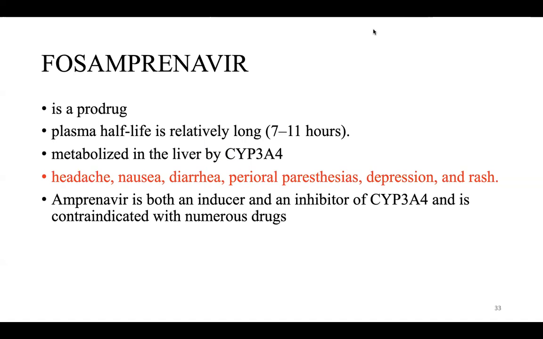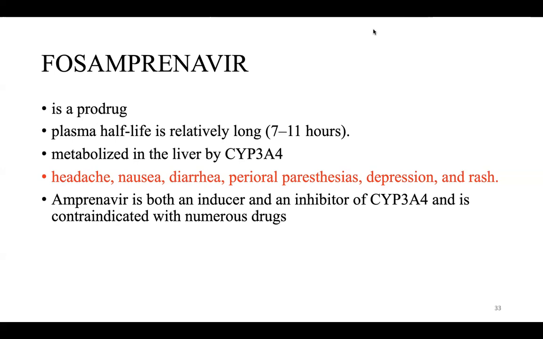Fosamprenavir is most often administered in combination with low-dose ritonavir. Amprenavir is rapidly absorbed from the gastrointestinal tract, and its prodrug can be taken with or without food. However, high-fat meals decrease absorption, and those should be avoided. Plasma half-life is relatively long, near 11 hours.